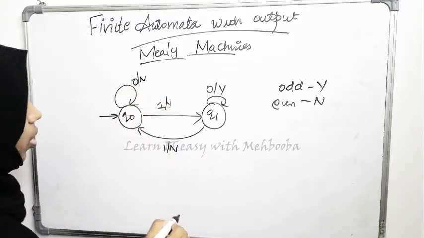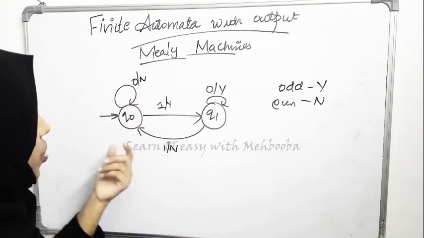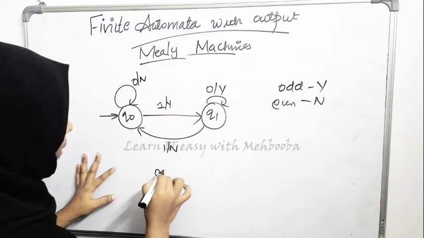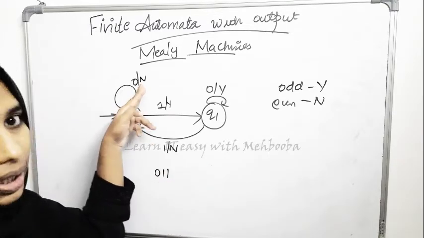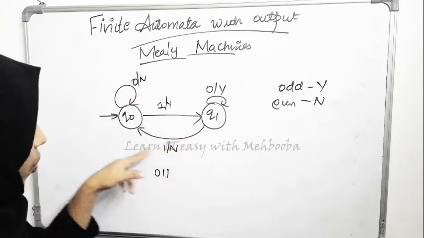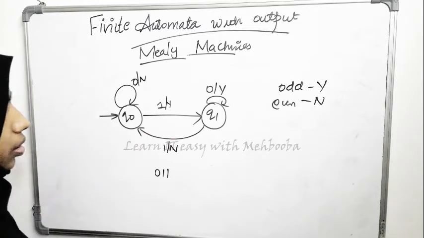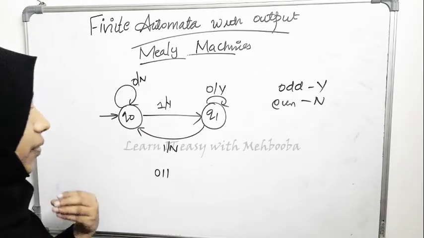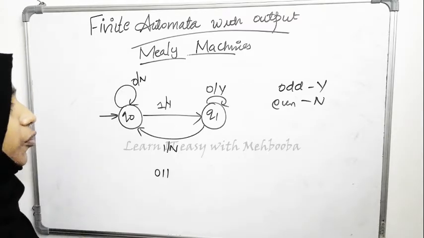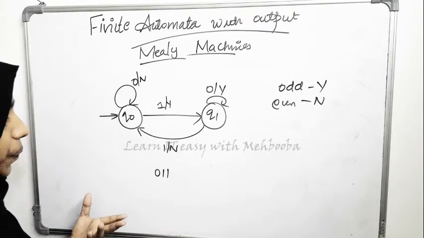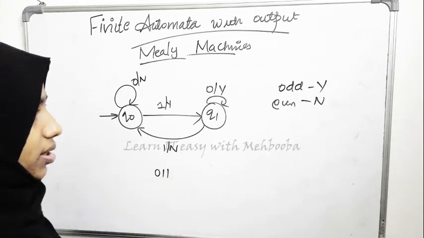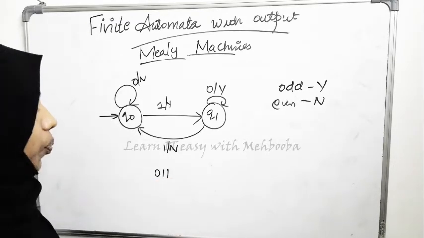This is again a no, not because we have restrictions on 0, but because the string 0 1 1 would be accepted if you are giving a yes here, because 0 yes, 1 1. We don't have any restrictions on the number of zeros, but we have to make sure that we have an odd number of ones in this string, and only then can we output yes.